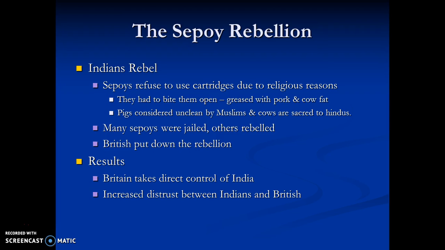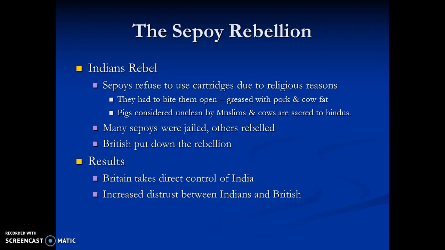Cows, on the other hand, to the Hindu people, cows are the most sacred animal that they have in their religion. So to kill it for its fat directly goes against what they believe. So both religious groups are very upset that they've been tricked into breaking very important aspects of their religious rules, so they decide to rebel.